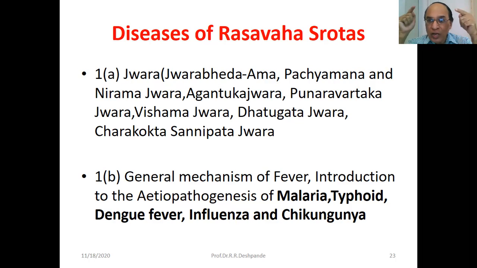Sannipatik Jvara, Corona Jvara, Corona fever is Sannipatik Jvara. Although there is a predominance of kapha, it is sannipathic, three doshaj. General mechanism of fever, introduction to the etiopathogenesis, malaria, typhoid, dengue fever, influenza, and chikungunya.